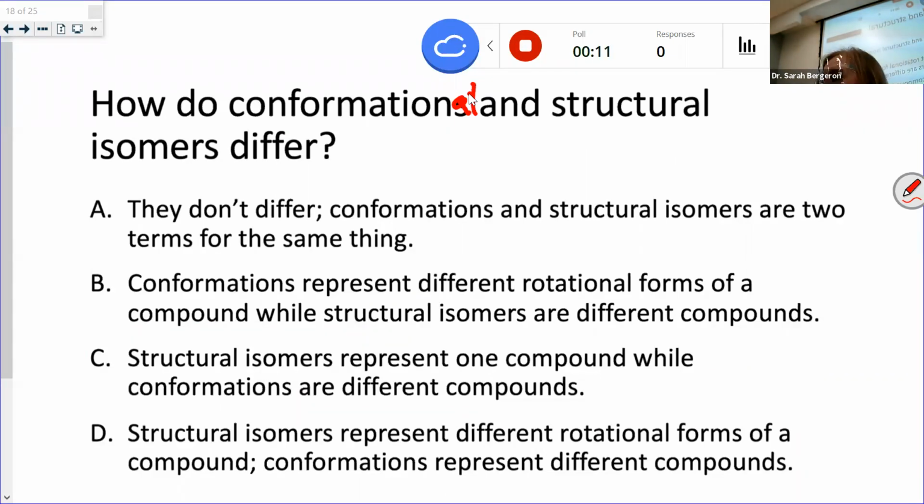How are they different? I'll give y'all a minute 30.